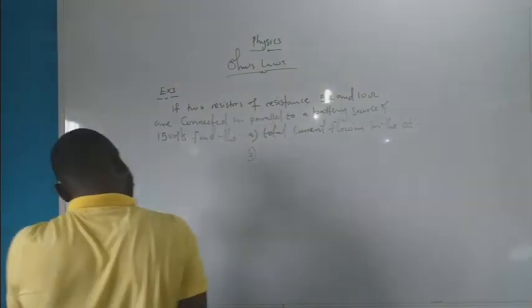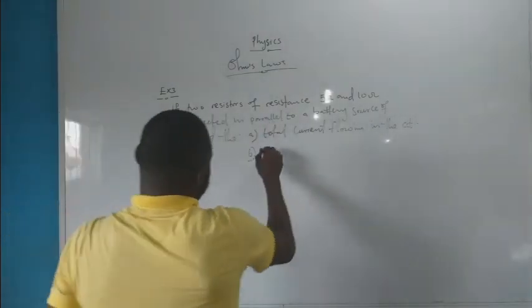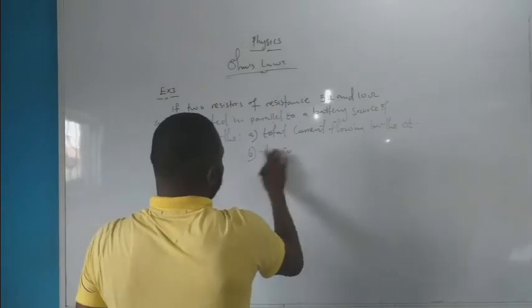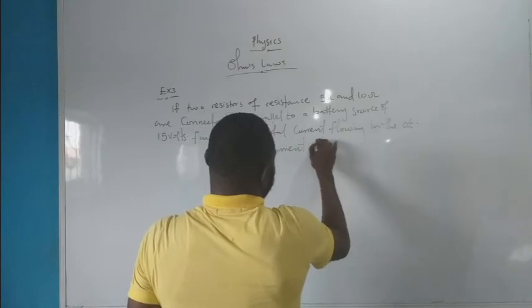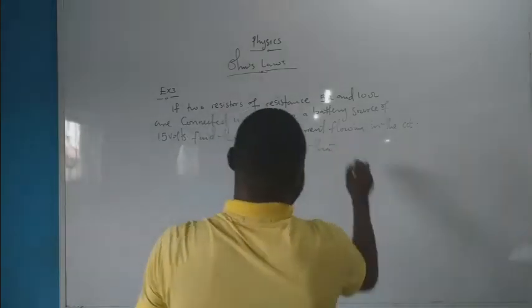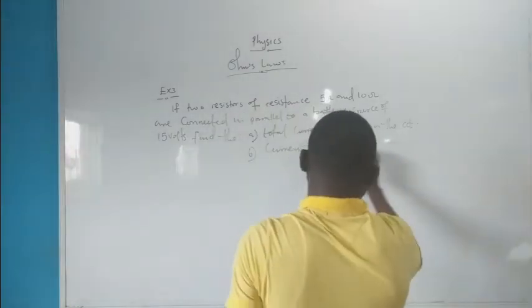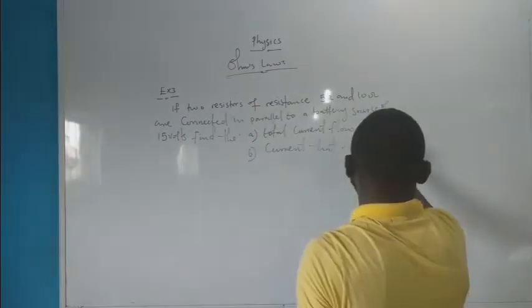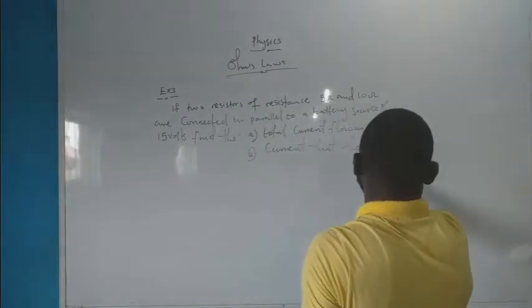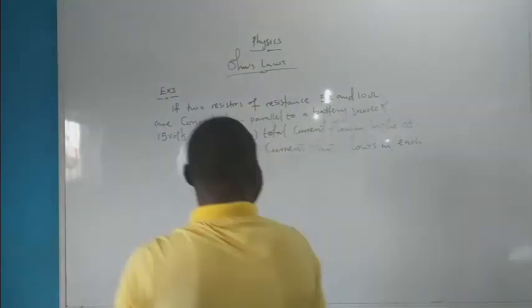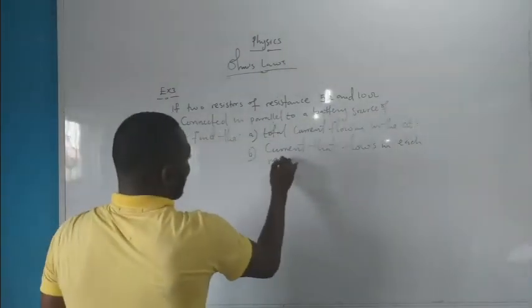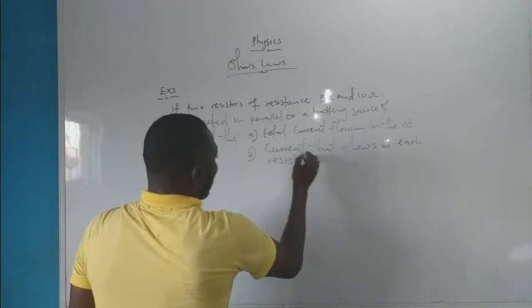B. The current that flows in each resistor.